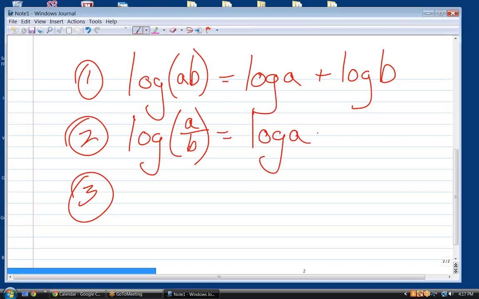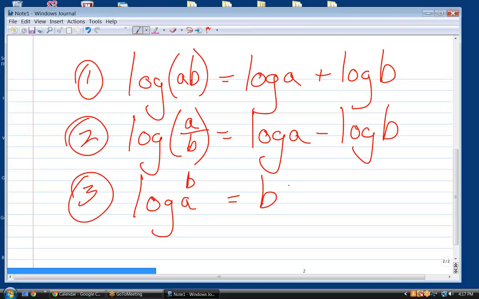That's the same as the log of A minus the log of B. And the third one is if you have exponentiation going on. In other words, if you're taking the log of A raised to the B power, then we multiply it, B times the log of A. So all of your class problems that say expand or contract, these are the 3 formulas they're talking about.